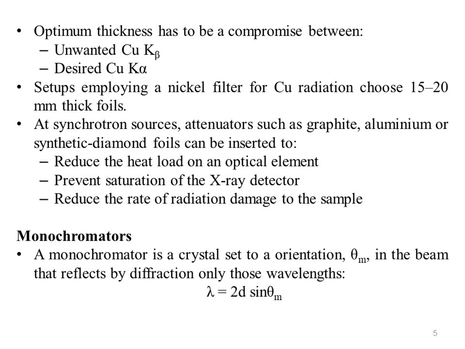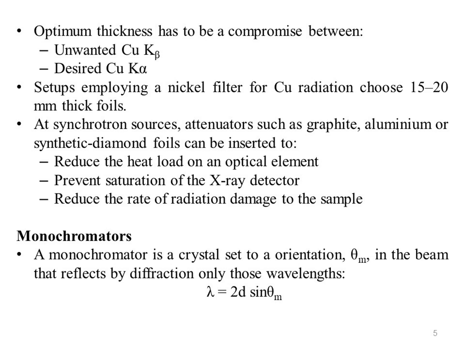Most laboratory setups employing a nickel filter for copper radiation choose 15 to 20 micrometer thick foils so as to attenuate K beta by a factor of 25 to 50 times more than K alpha, and the overall K alpha intensity by a factor of about 2.